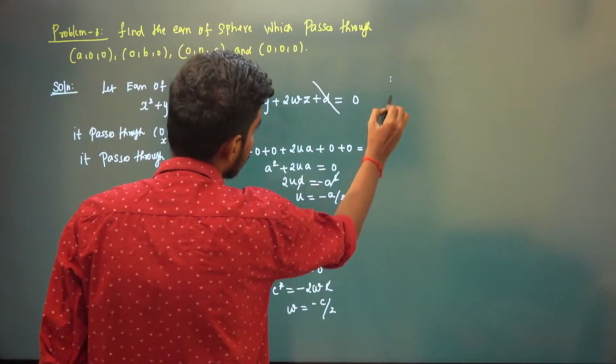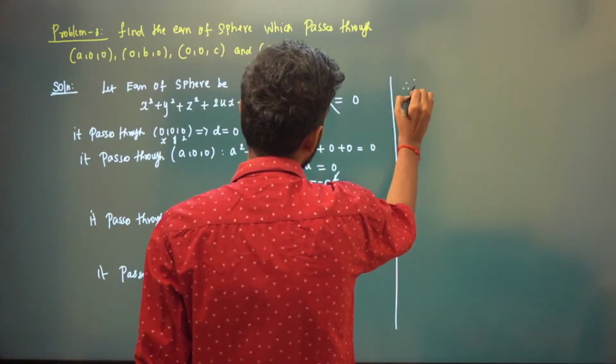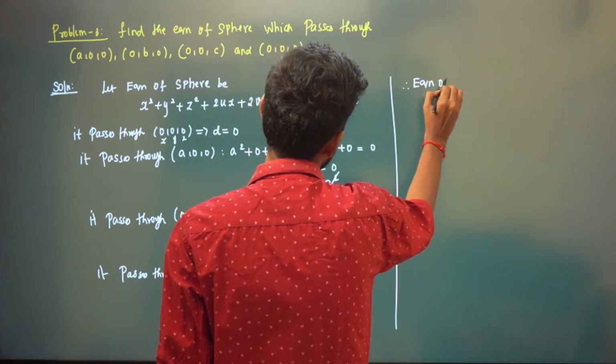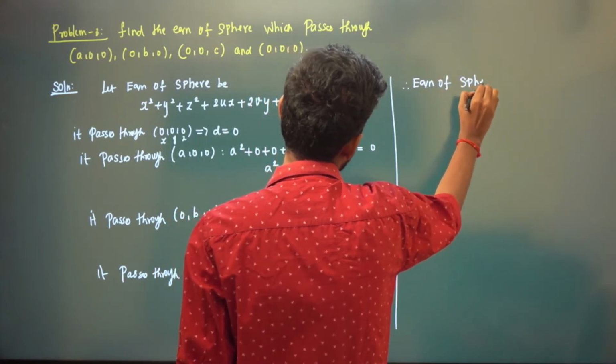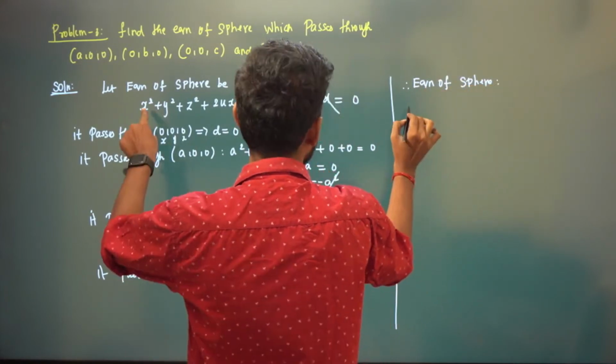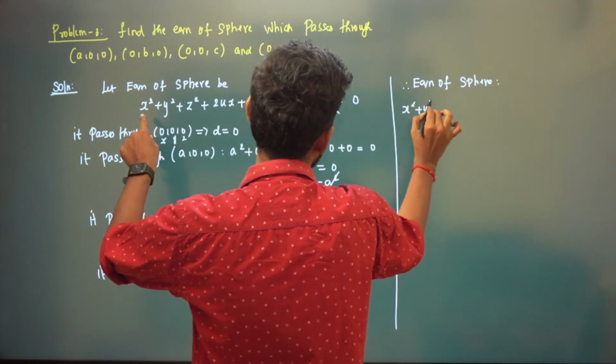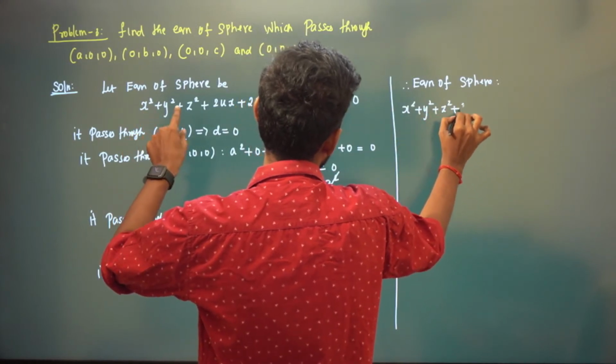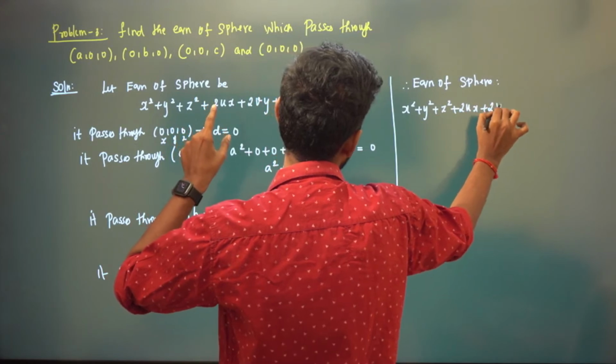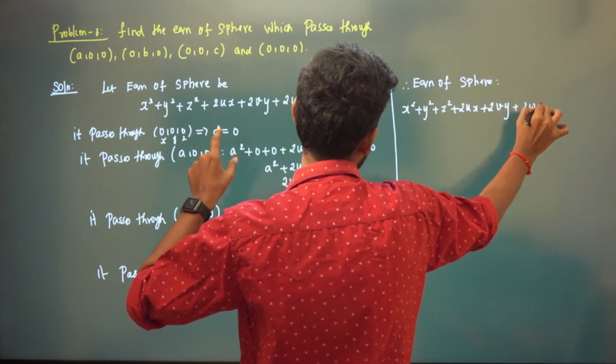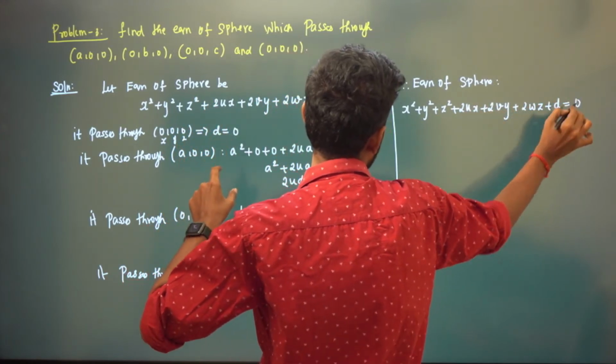Therefore, equation of sphere is given by x square plus y square plus z square plus 2ux plus 2vy plus 2wz plus d is equal to 0.